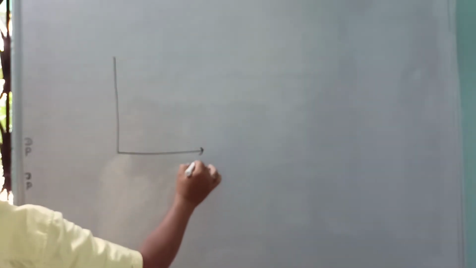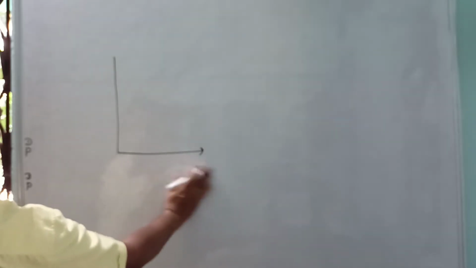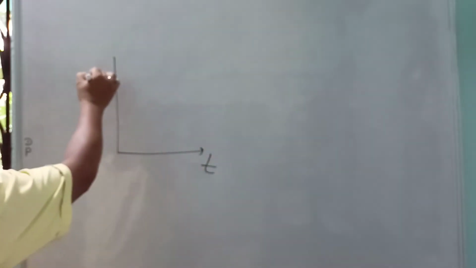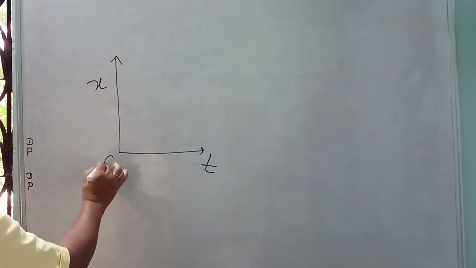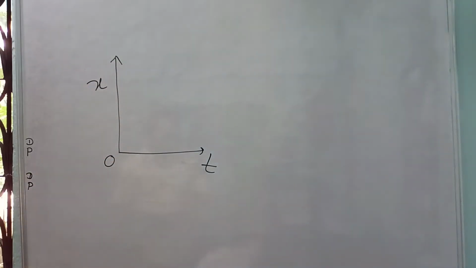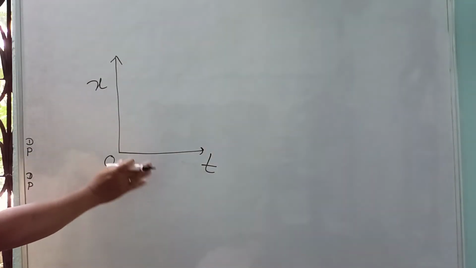I consider a graph between position and time. This is your time t, this is your position x. So this is the position versus time graph.